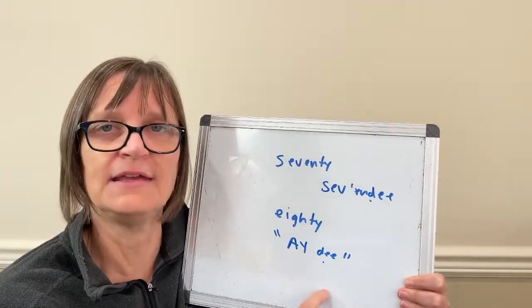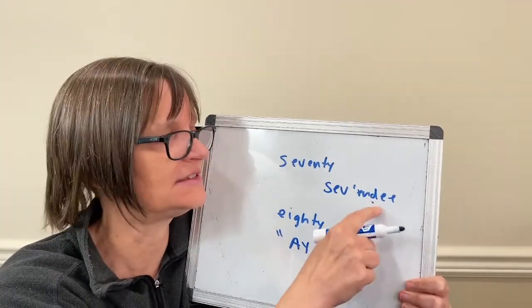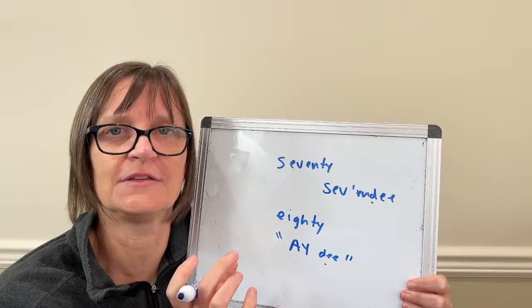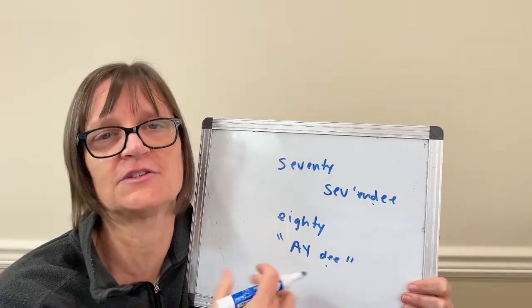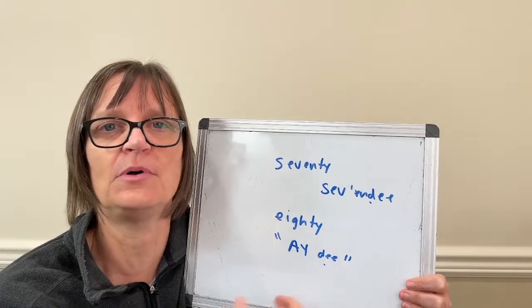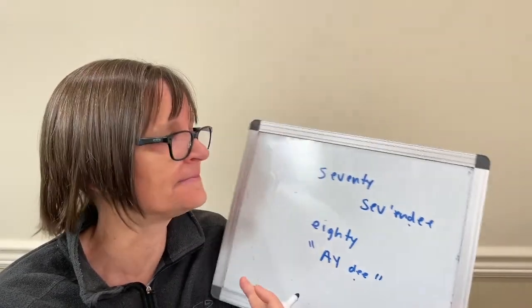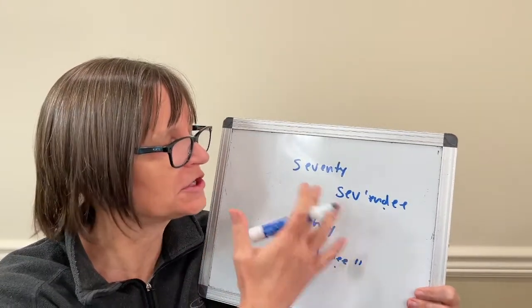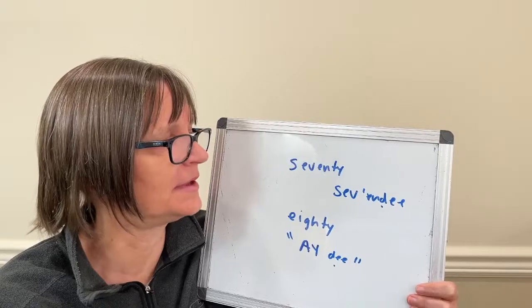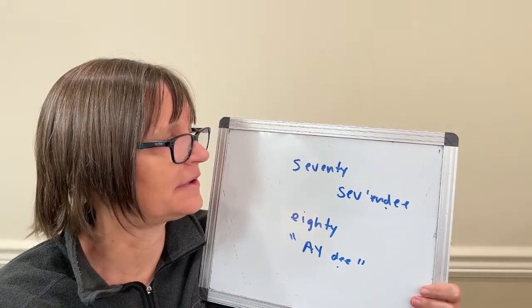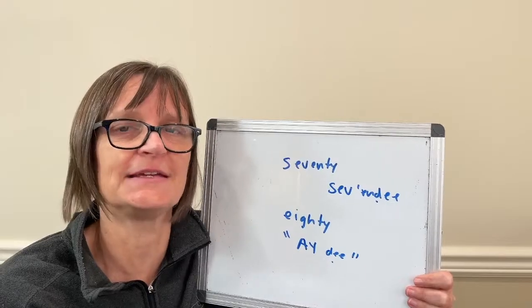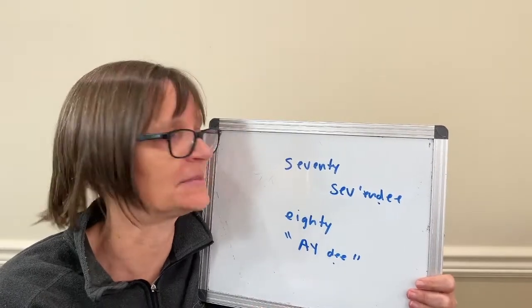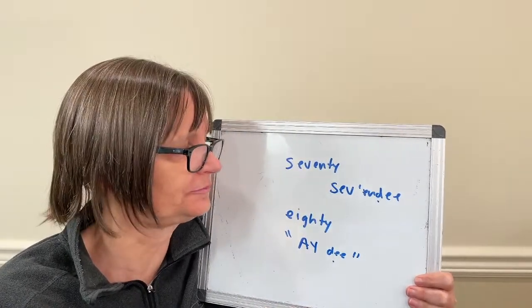I think 80 and 70, this flap T is a little bit lighter because it's coming out of the N. So I have 70 people, I have 80 people. It's arguable that they are the same, but you might also just be hearing people saying 70 without the flap in some cases as well.